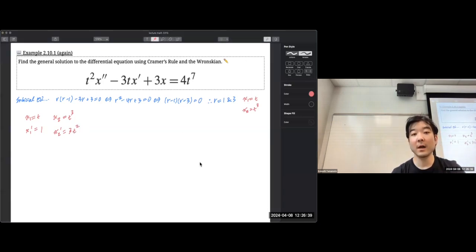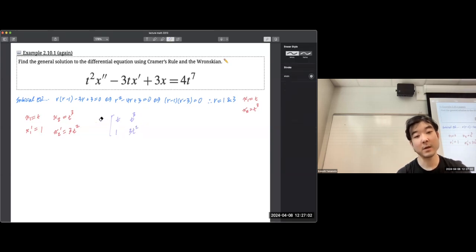And what does the Wronskian say? The Wronskian says I just take the determinant of the matrix that's built off of x1, which is just t, x2 is t cubed, 1, 3t squared. This is the determinant of this.